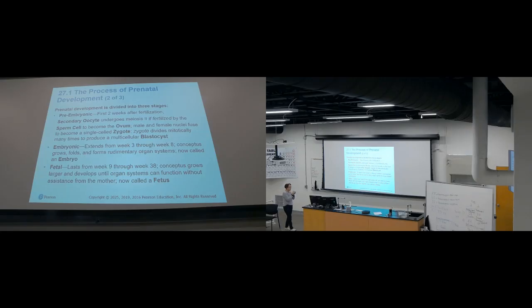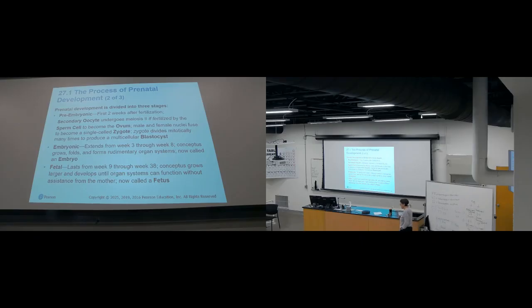Out of this inner cell mass, we form the 3 germ layers, which are the endoderm, mesoderm, and ectoderm. So the embryo proper comes from these 3 layers. And this one implants within the first week.